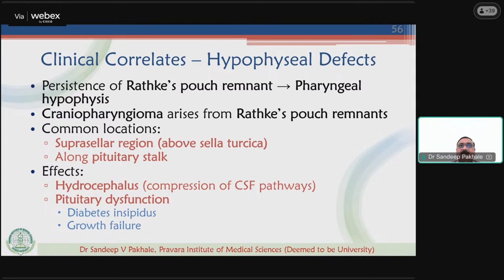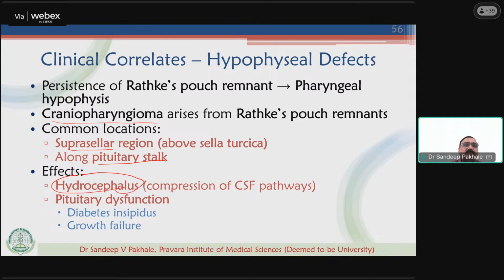More importantly, these remnants can give rise to craniopharyngioma, which arises from Rathke's pouch remnants, commonly located in the suprasellar region or along the pituitary stalk. Because of their location, they can compress the surrounding structures, leading to hydrocephalus.